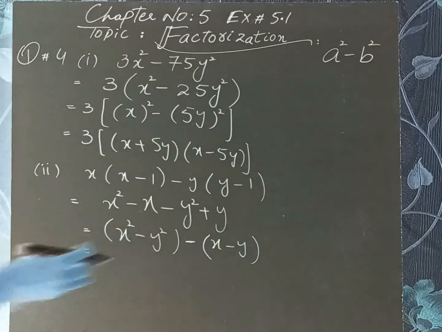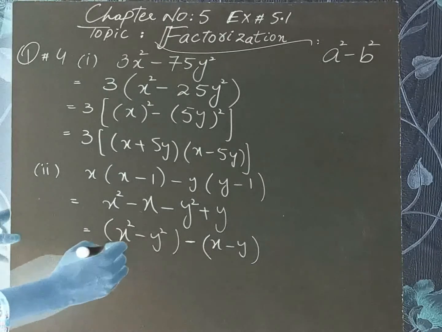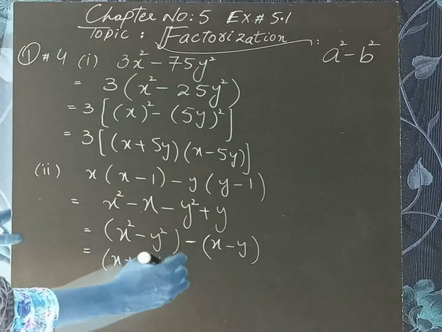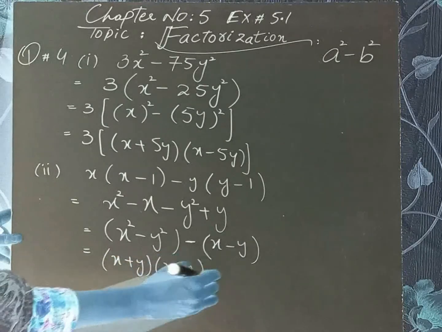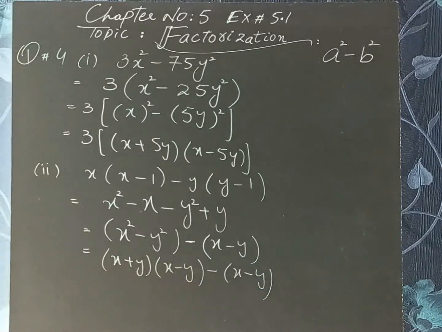I will use the formula x squared minus y squared is all the time equal to x plus y into x minus y, as a squared minus b squared equals a plus b into a minus b. Now you can see here are two terms.